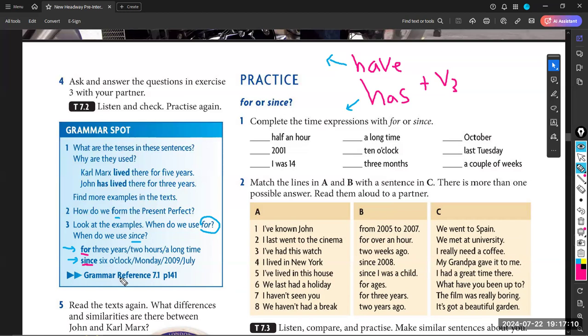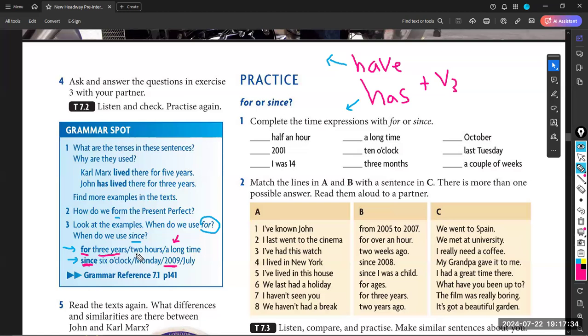Thank you so much. Okay, guys, let me tell you the exact difference between using since and for. Notice, guys, for if you don't remember exactly the time. For example, if I want to say 3 years, I don't exactly remember the date, but if I remember the exact date, like 2009, I have to use since.